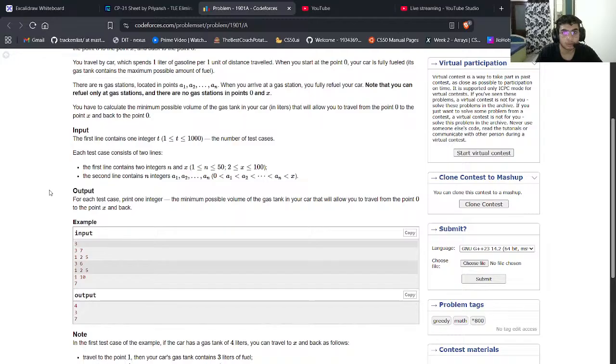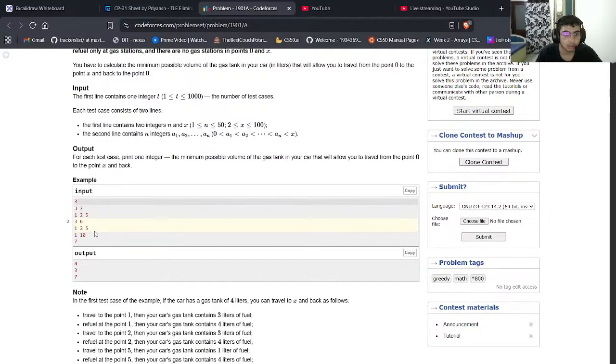Now we need to figure out the algorithm for it. So we just need to figure out the largest distance. And how can we do that?